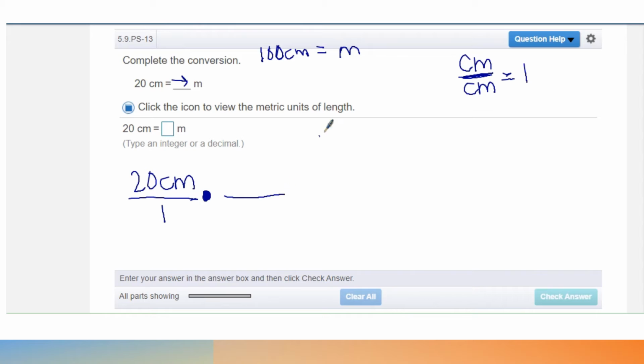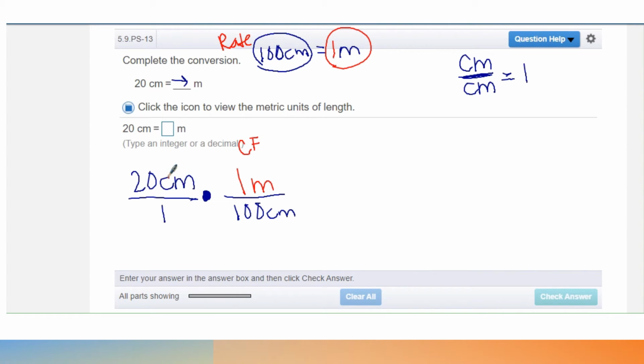So I'm going to put 100 centimeters in my denominator. And then since this is my rate, if I put 100 centimeters in the denominator, it's equivalent to every 1 meter. So I'm going to put 1 meter in the numerator, because for every 1 meter there are 100 centimeters. So this is our conversion factor that we're using to get our centimeters to cancel out.